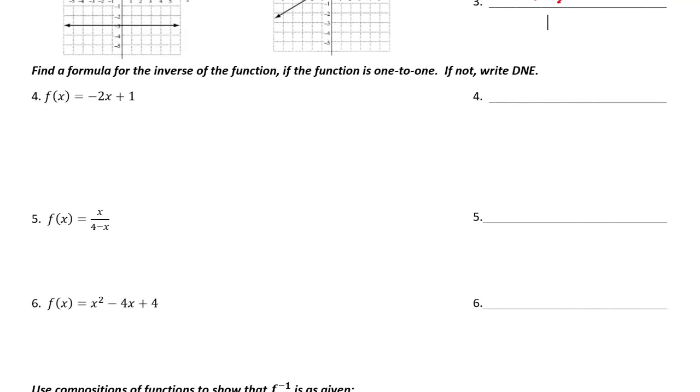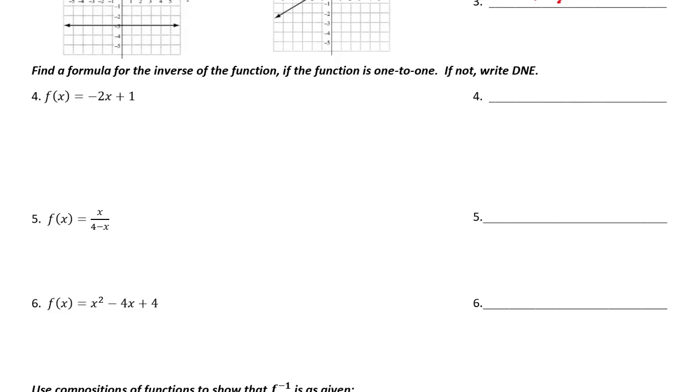If we move on to the next grouping, it wants us for all of these to first determine whether it's one-to-one. Since we don't have a picture, we can just think in terms of would I ever get the same y by plugging in an x, or is this an increasing function the entire time? The harder one will probably be number 5, but let's just assume that it will be one-to-one and try and solve it when it gets to that.